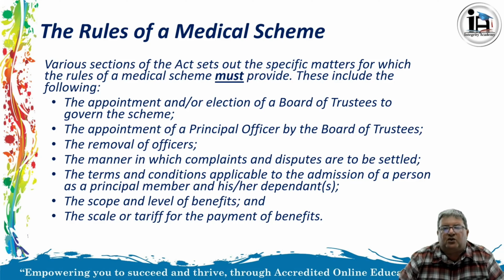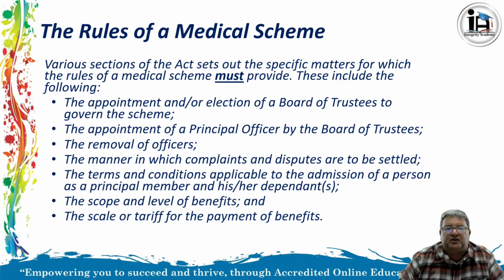So we looked at all the important rules and now we're going just to look at the normal rules of a medical scheme. Various sections of the Act set out the specific matters for which the rules of a medical scheme must provide.